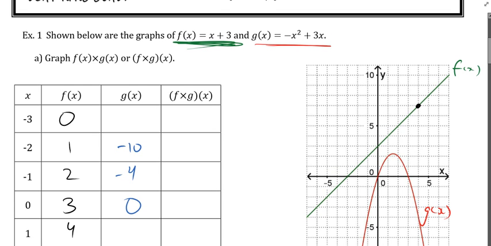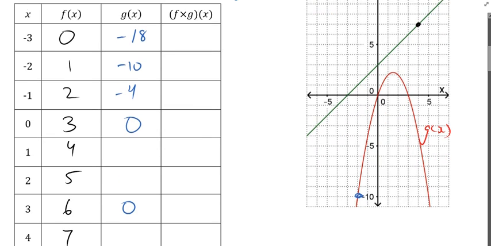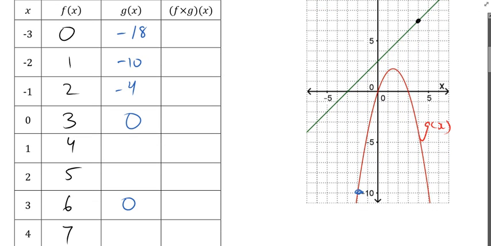But we have the equation, so I can figure it out, right? G at -3, it works out to -18, I believe. -9 minus 9. At 1, it is 2. At 2, it is 2. And at 4, it is -4.